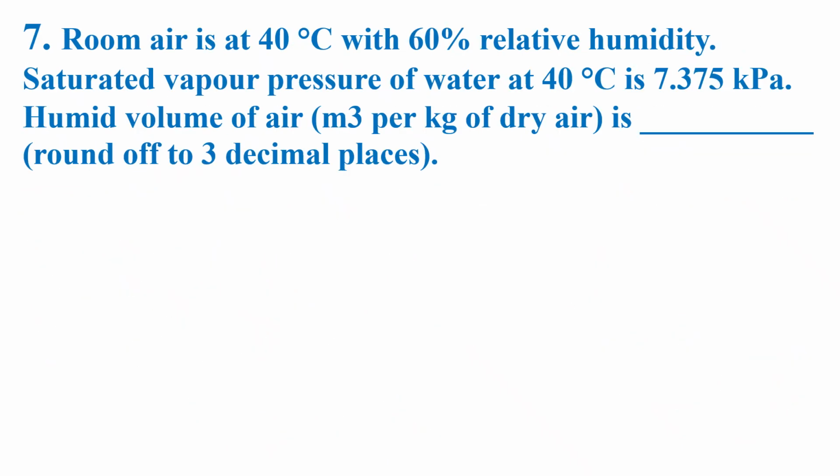%, relative humidity, and saturated vapor pressure is 7.375 kilopascal, and we have to calculate humid volume of air and round it off to 3 decimal places. So temperature 40 degrees Celsius, or it is 313.5 Kelvin.